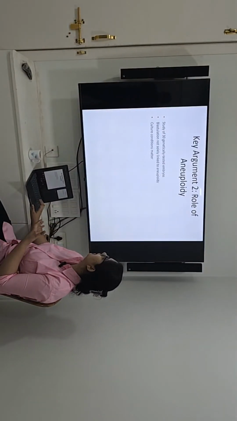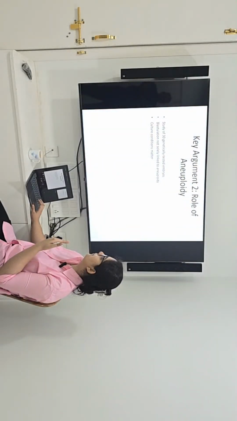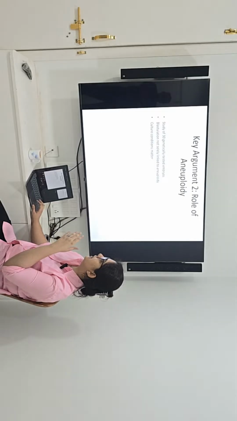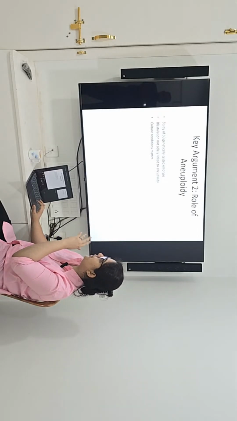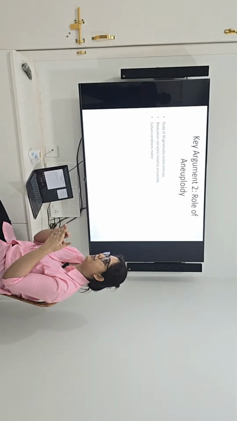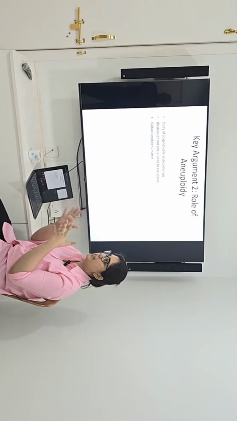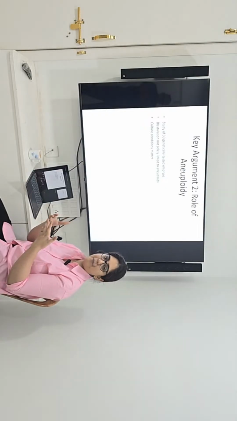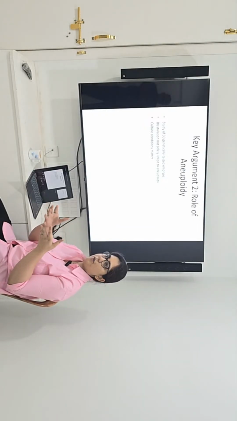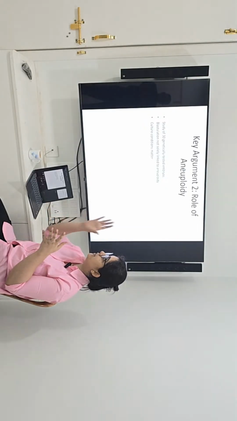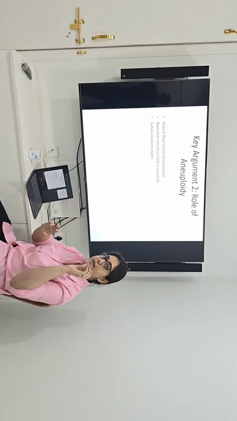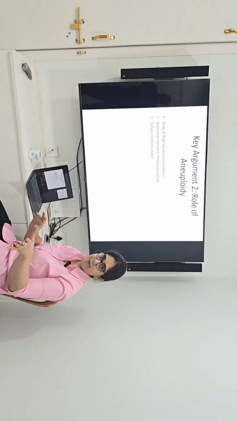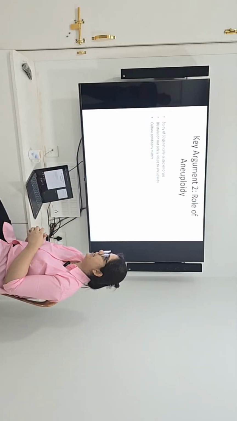Then the second argument was the role of aneuploidy. When they studied the role of aneuploidy and the importance of waiting till the blastocyst stage, though the quality of the embryo can be studied by looking at its size, aneuploidy cannot be completely determined by just looking at the embryo. We have to go for PGT.